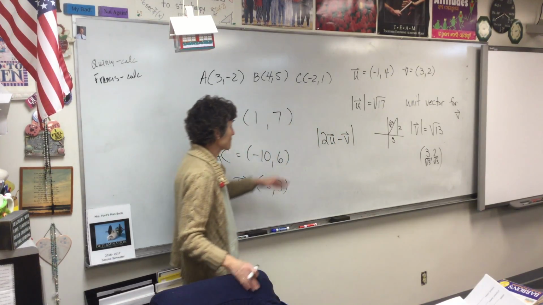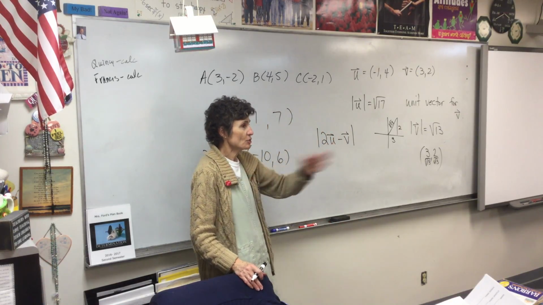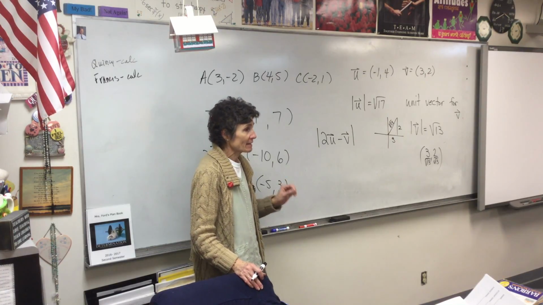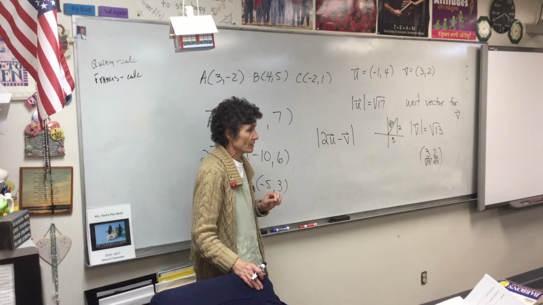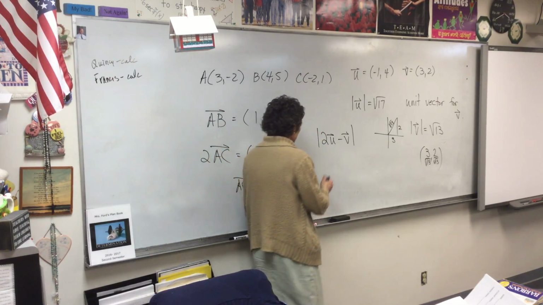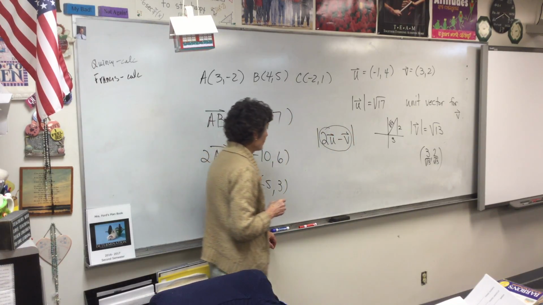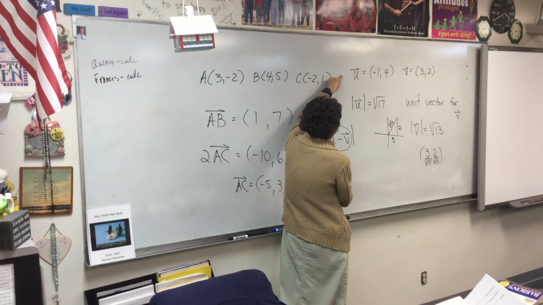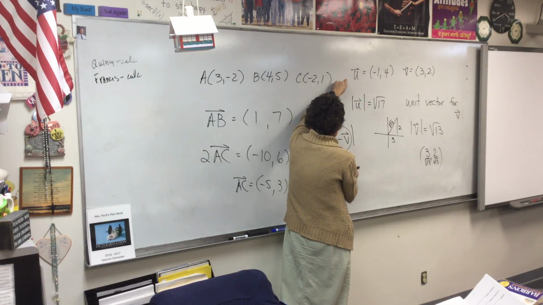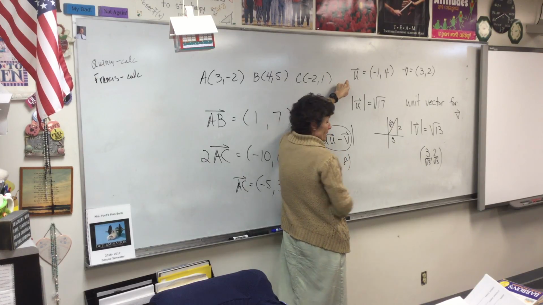Now, what do these absolute value bars mean? Magnitude. They have nothing to do with positive or negative. Nothing. They're magnitude, Pythagorean theorem. When you see these bars, you're going to do the Pythagorean theorem. But before you can do the Pythagorean theorem, you got to figure this out, right? Yeah. All right, so what's 2u? Negative 2, 8. Right?